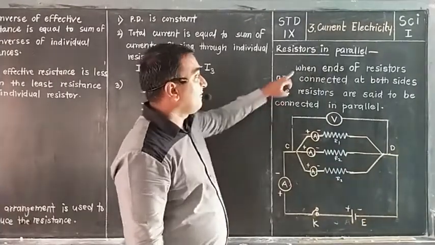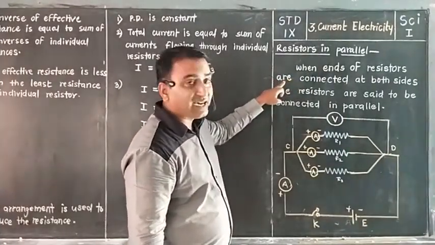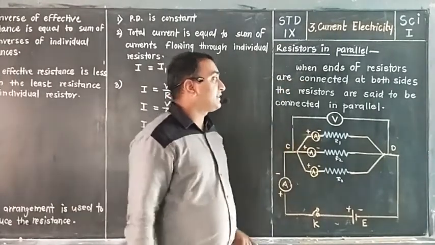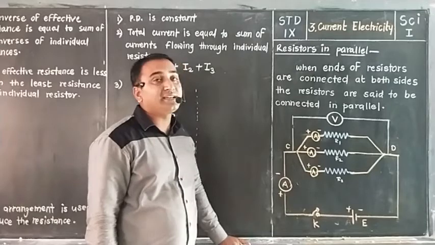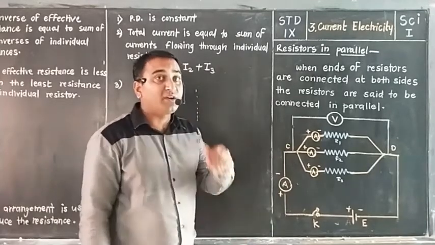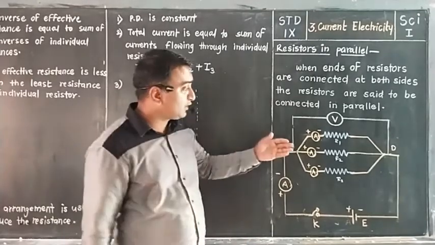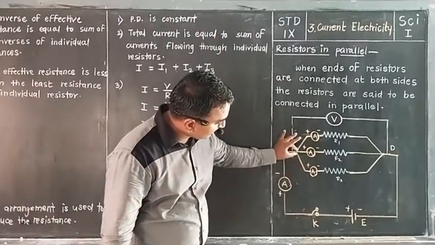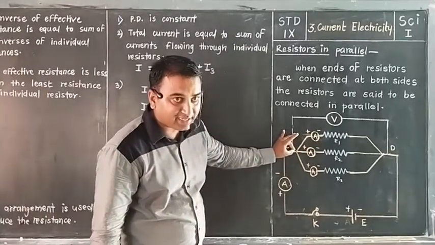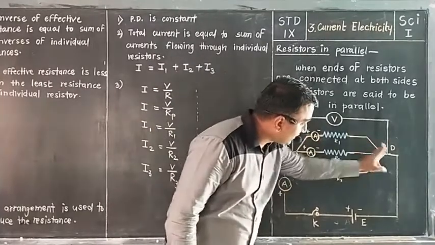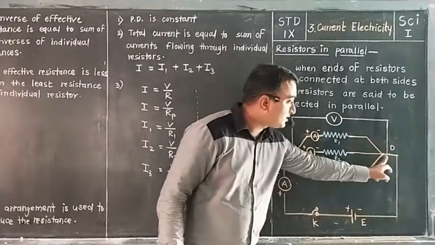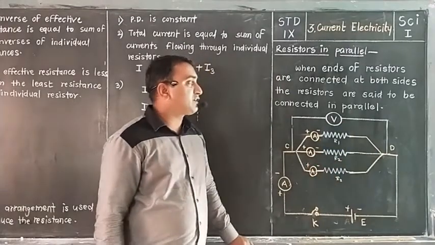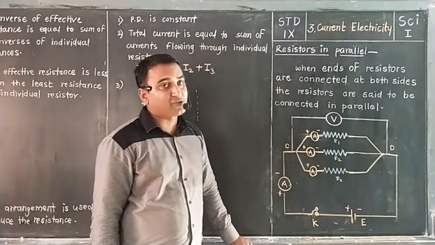When the ends of resistors are connected at both sides, the resistors are said to be connected in parallel, not one after another. One end of the resistors is connected at one place, and the other end is also connected at one place. Such a combination is called a parallel connection.